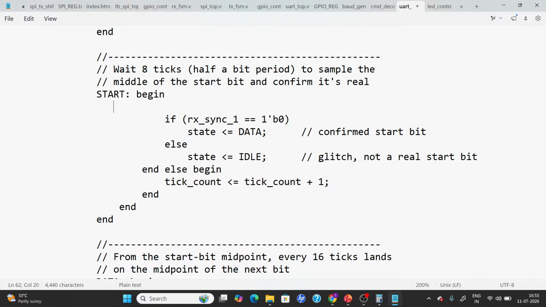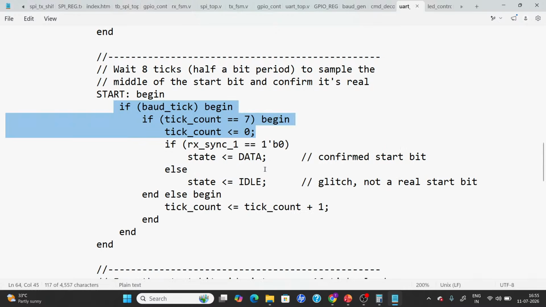I wanted to explain something, so I'm removing the stuff. Let me write it down over here. Let's say I've entered into the start state and I've already detected the start bit. I can simply write next_state is equal to data.